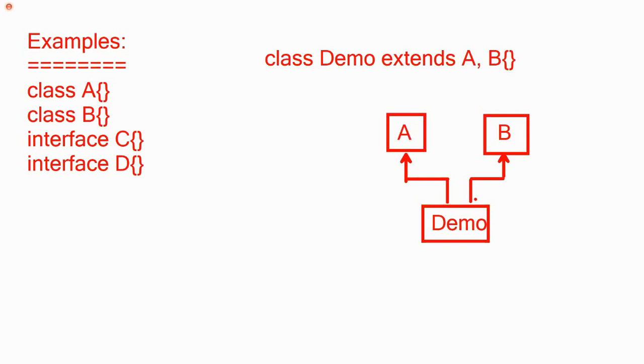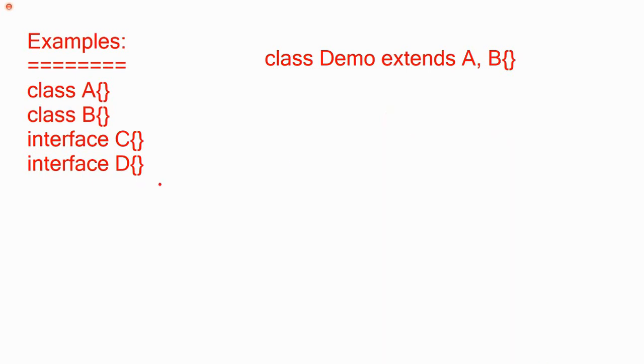Is it possible? No. It is not valid. Two classes we cannot inherit in another class. Java does not support multiple inheritance because of ambiguity in the call. You studied. So class Demo extends A, extends B: two classes you cannot extend. It is not valid.